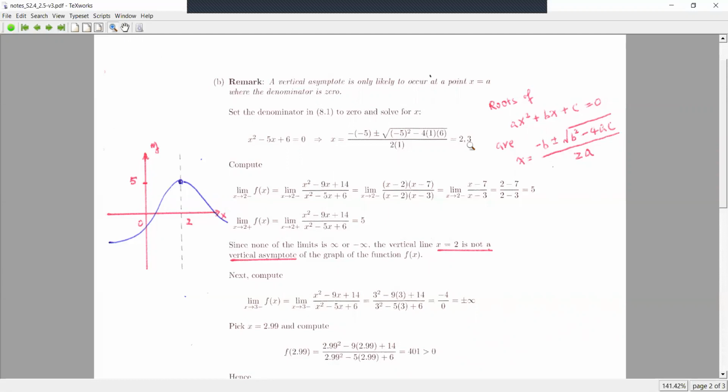If the function has a vertical asymptote, then the vertical asymptote can only appear at one of these 2 points. After some work, we found that at point 2, the function has no vertical asymptote because these 2 limits both are finite, not infinity.